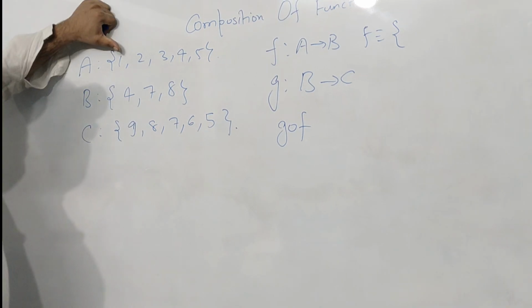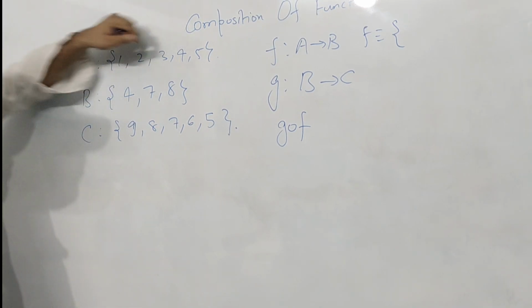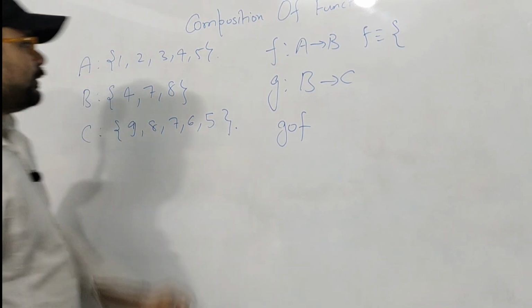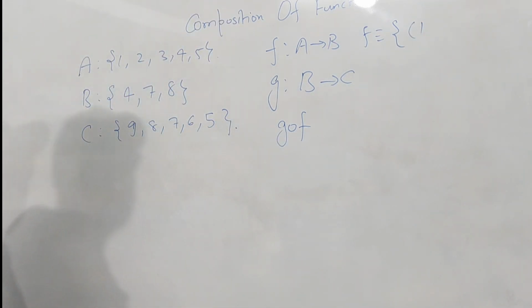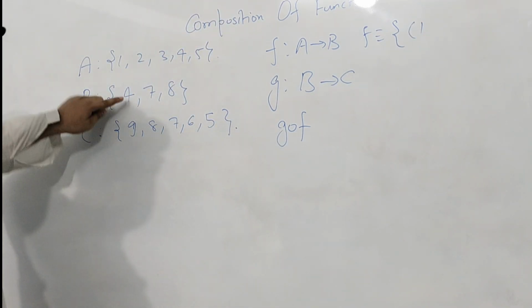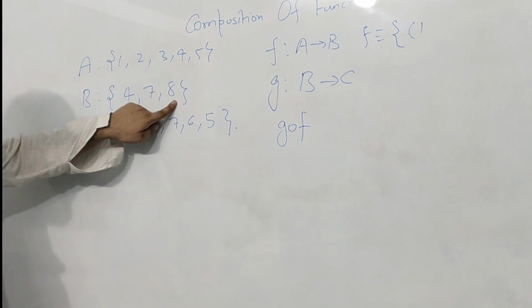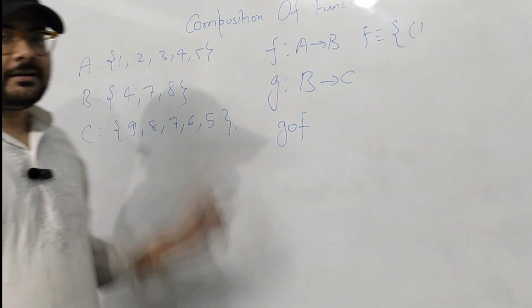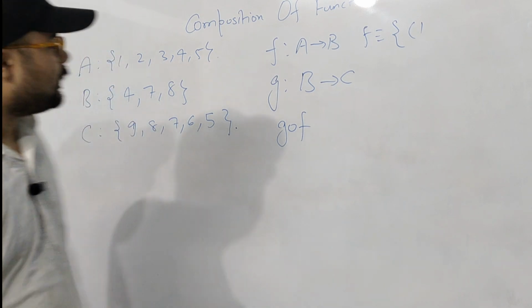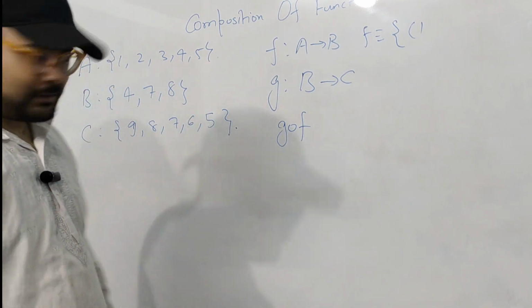For F, for every element of A, there should be a unique mapping. Okay, this is interesting. Because the number of elements in B is less than the number of elements in A, it is guaranteed to be many-one. It cannot be one-one.